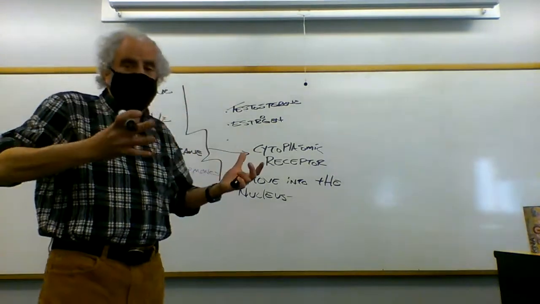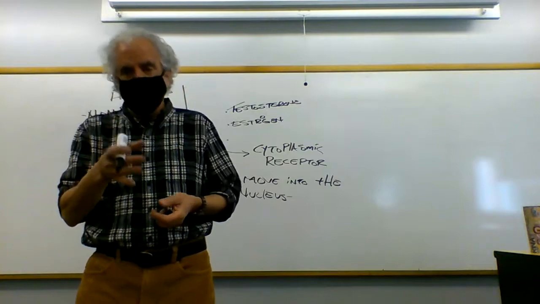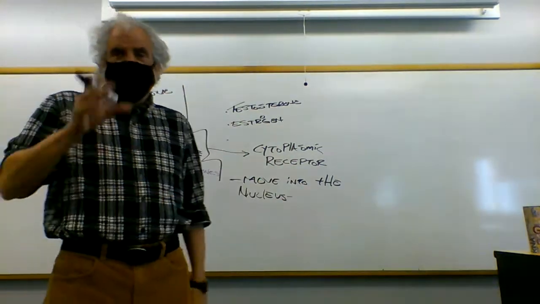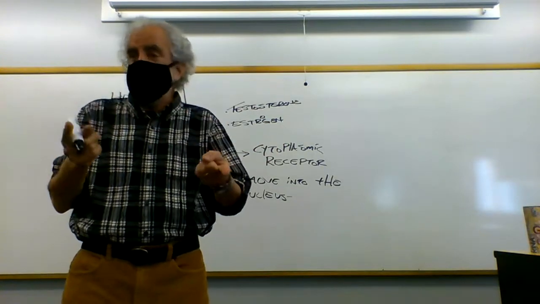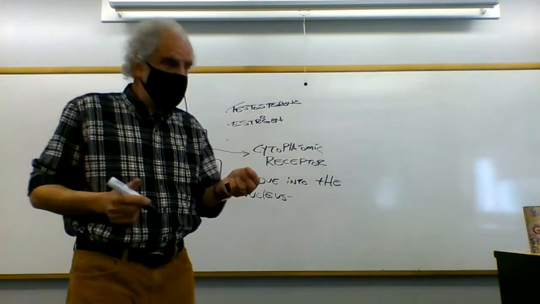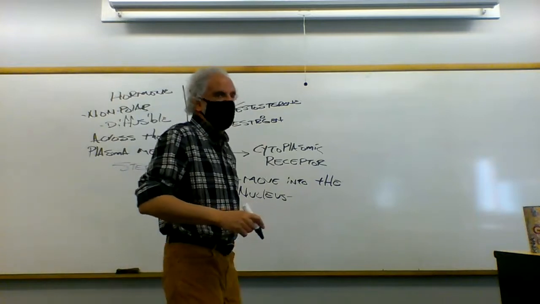It's going to bind something that is known in a generic term as a steroid response element, aka an enhancer, and we've talked about enhancers. These are things that are distance and orientation independent. These are DNA sequences that serve as a binding site for a transcription factor. The steroid hormone receptor is, in fact, a transcription factor.